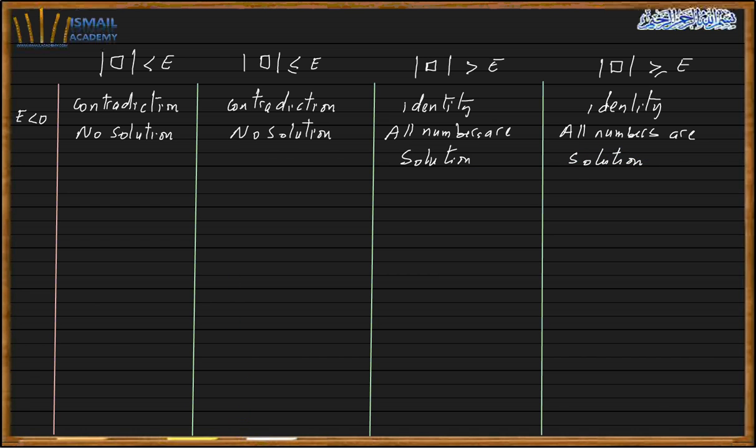So let me give you an example of each one. For example, here I have absolute value of 3x minus 5 is less than minus 5. So this has no solution.